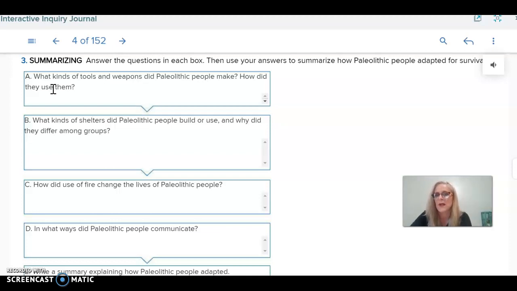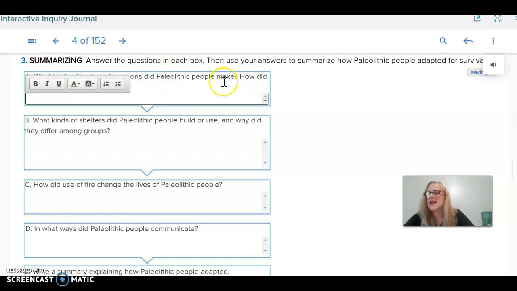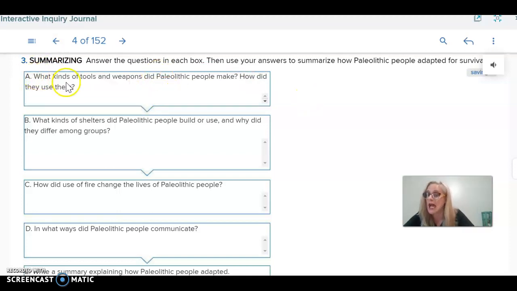Let's try the word purpose. So Paleolithic people made many kinds of tools and weapons with different uses, if that helps you. Or different purposes.